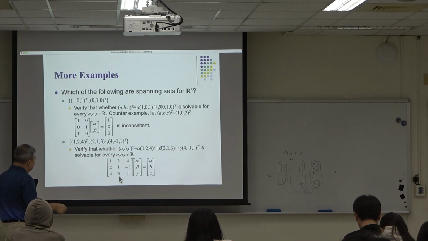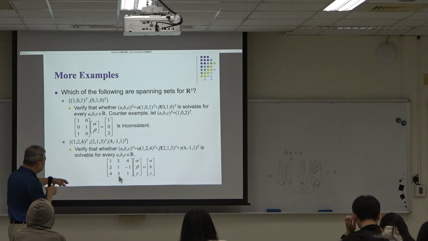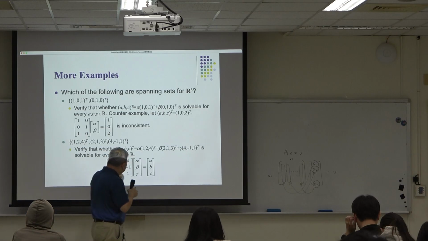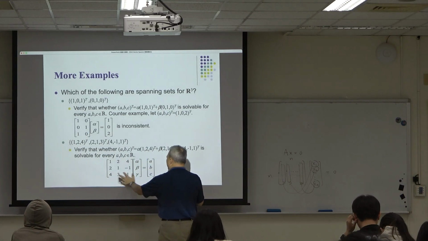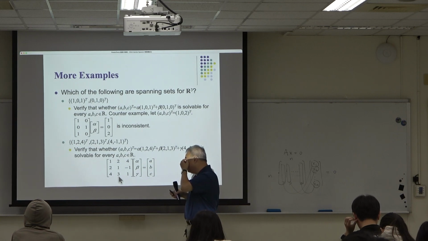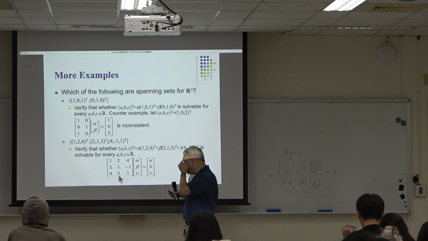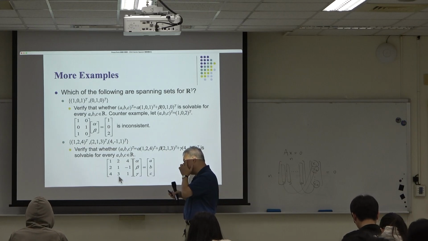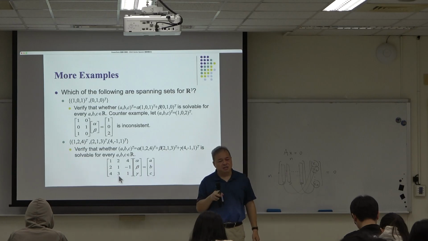Another example: the matrix with rows (1,2,4), (2,1,3), (4,-1,1). Verify this is solvable for every A, B, C. Again, we try to write it like that. In this case, because it's a square matrix, we don't have to find A, B, C. You can directly look at this matrix and see whether it has an inverse.